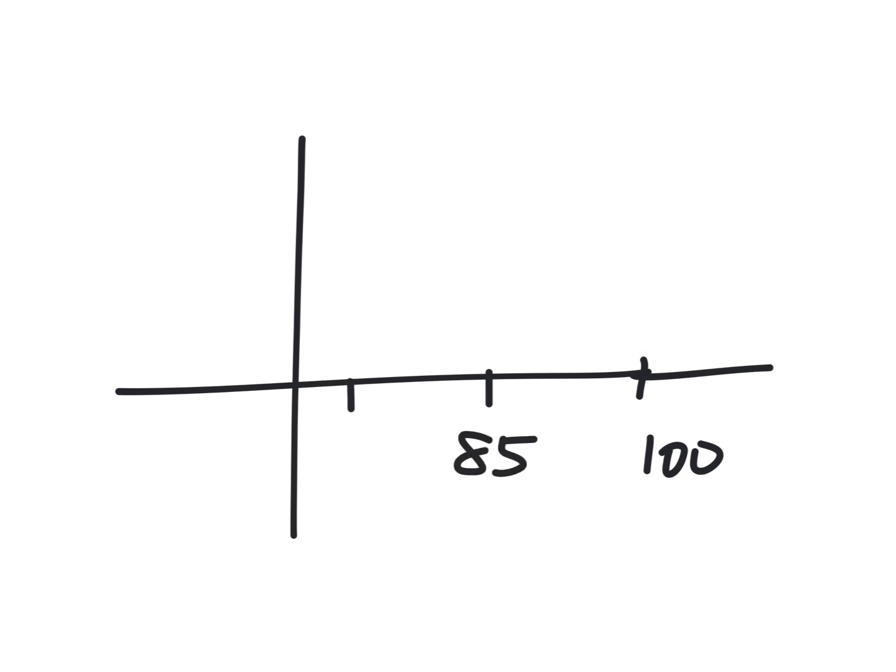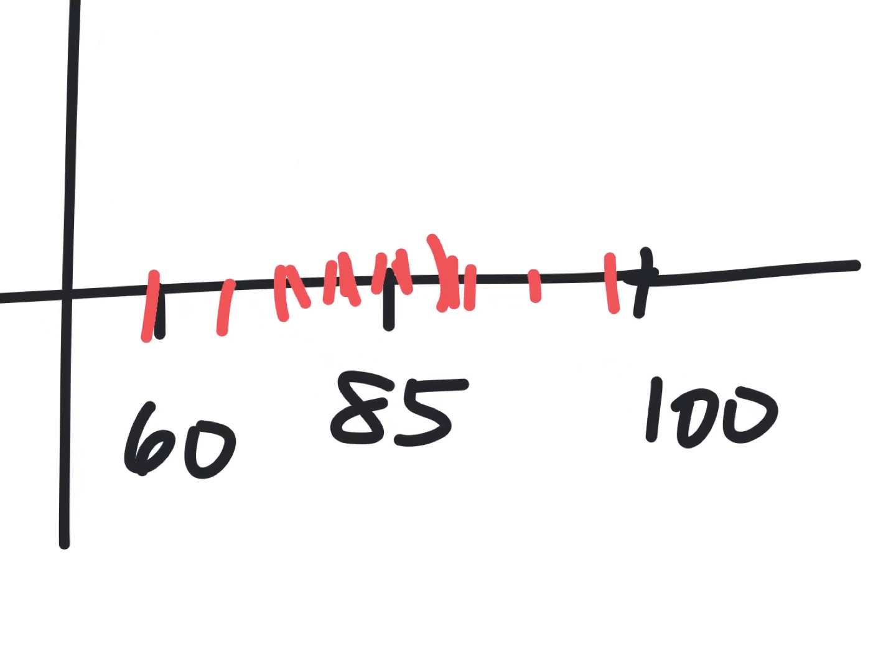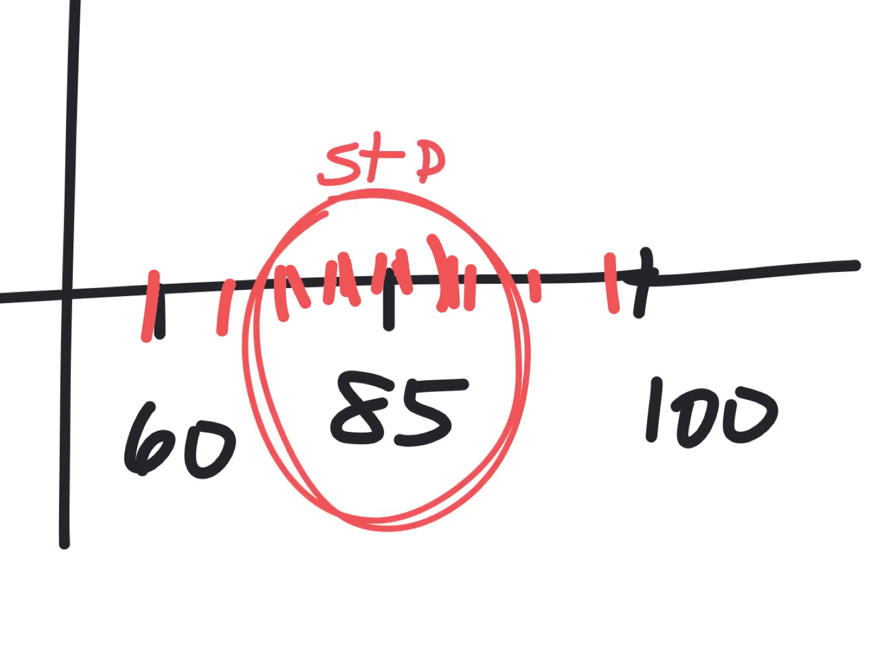And there'll be some kids that get as low as like a 60. So the scores might be like this. A ton of scores around there, and then just one person way down here. You get they're kind of clustered around the 85. So that standard deviation might be maybe 7 points. The average kid was 7 away from the average.